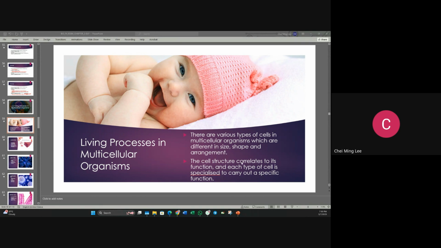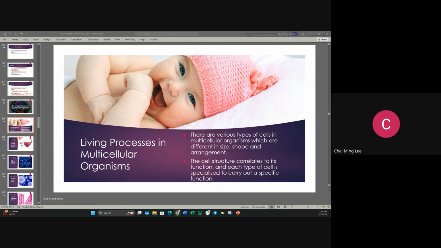So the cell structure correlates to the function, and each type of cell is specialized to carry out a specific function. For multicellular organisms, because our body structure is more complex, the cell structure cannot be as simple as the paramecium or amoeba.